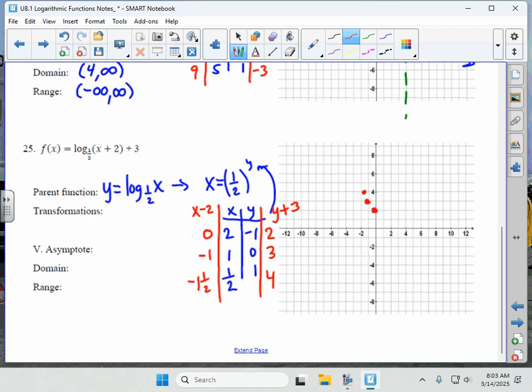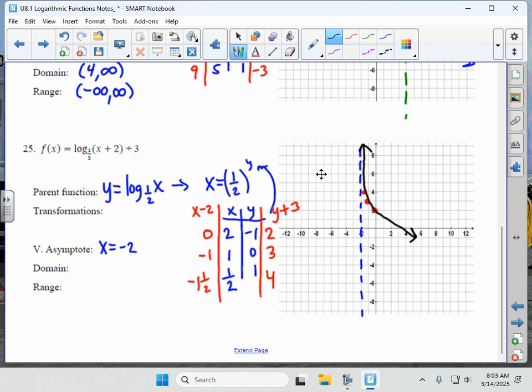Our vertical asymptote is at x equals -2. It's -2, it's right here. All right, and so this graph is going to look similar to the one just above it. It's going up instead of down, and that's because the base number is a fraction, less than 1.